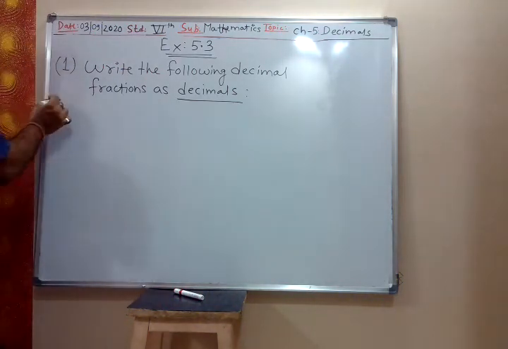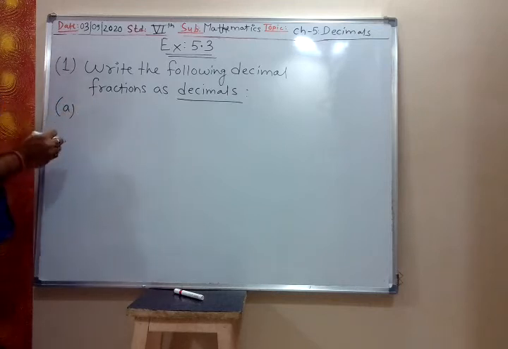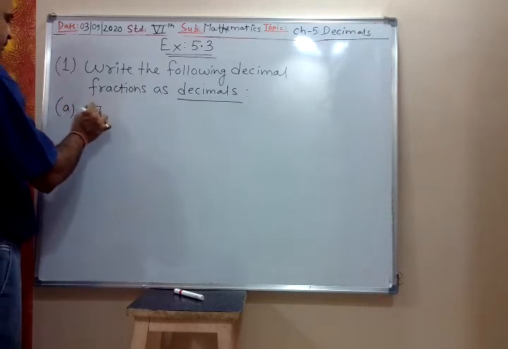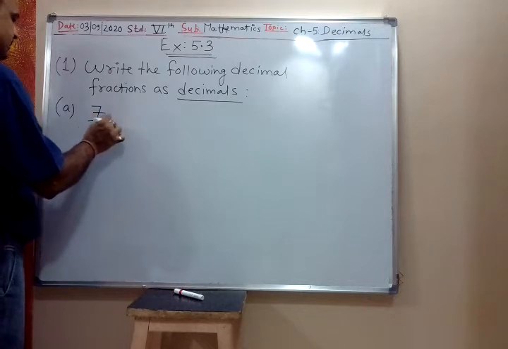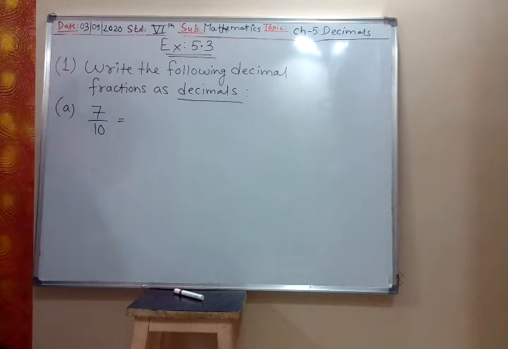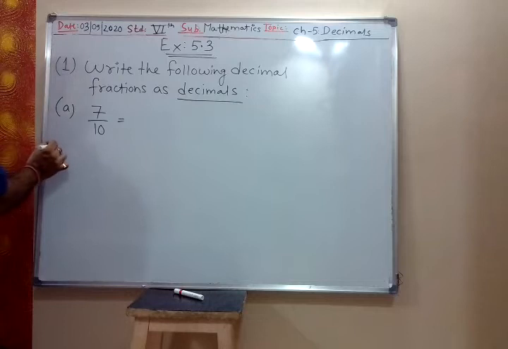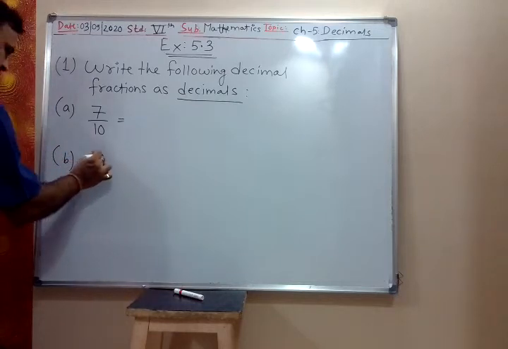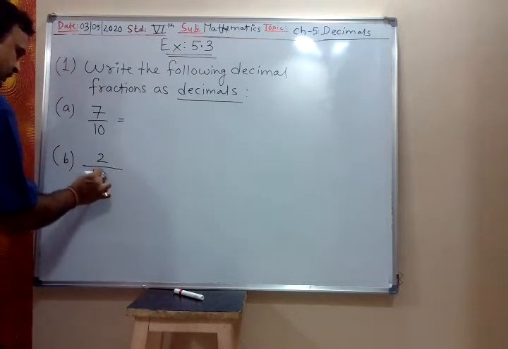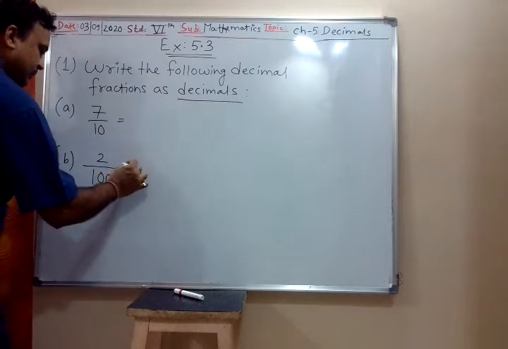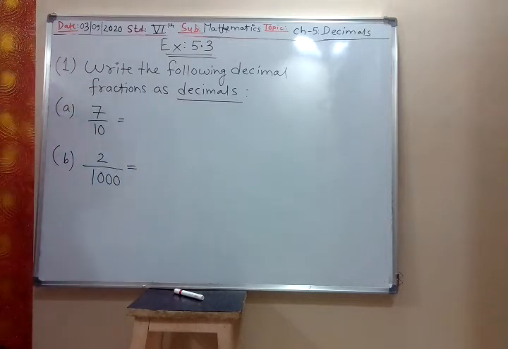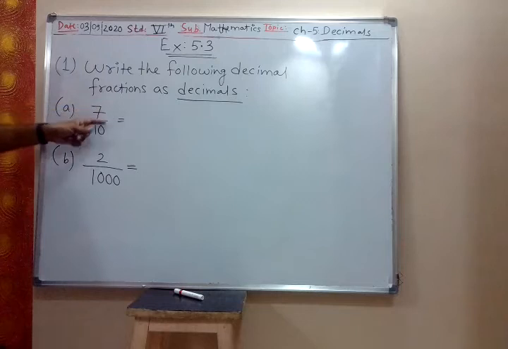Point form. First, it is 7 upon 10. We'll see step by step. Then B, 2 upon 1000. We have to write down them in the decimal form. Decimal means point form. They are the fraction, numerator upon denominator. So they are in the fraction.